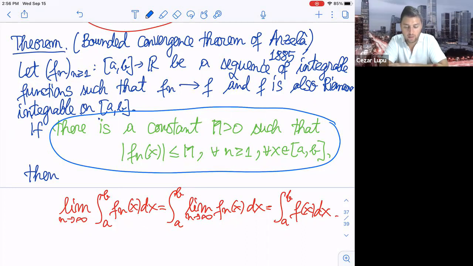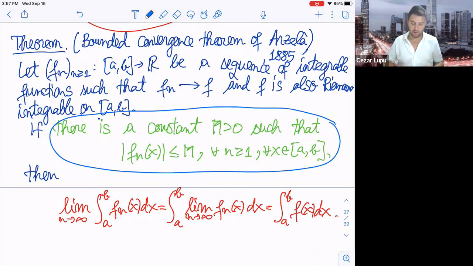I will include this bounded convergence theorem of Arcela as the weak version of the dominated convergence theorem, right? In fact, this theorem will be just a particular case, if you want, of the Lebesgue dominated convergence theorem.